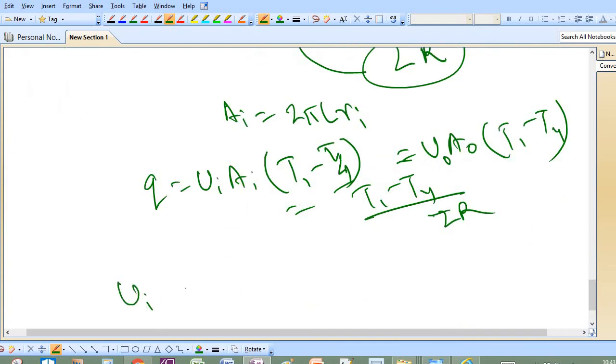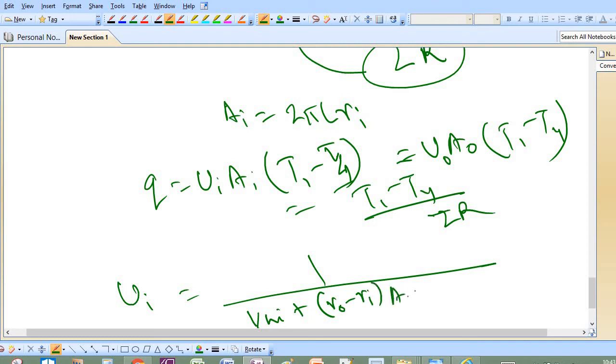Now we have UI as 1 by HI plus RO minus RI divided by AI over K ALM plus AI by AO HO.